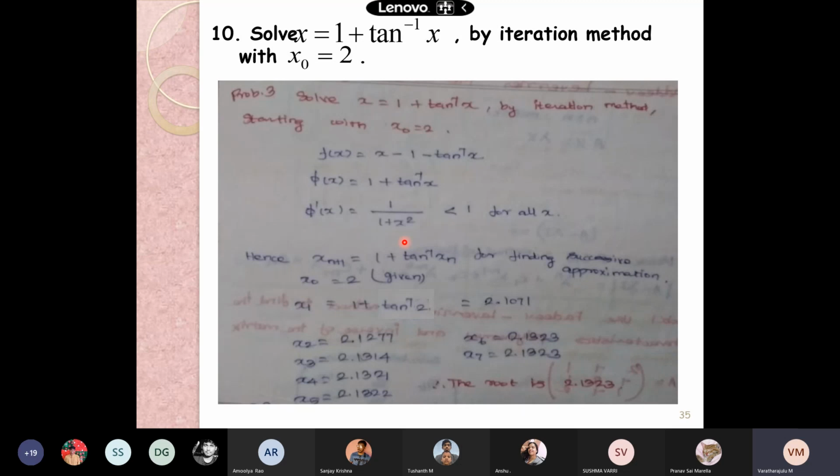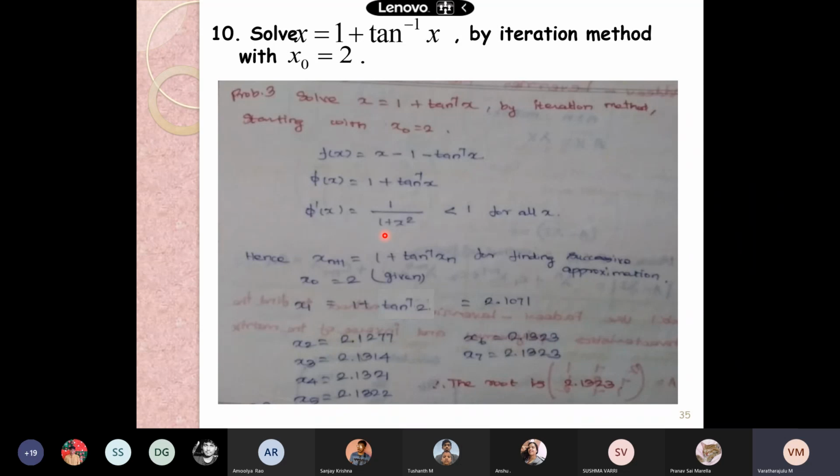Here it is obvious that for all x we have x square in the denominator, so it returns a positive value. So don't worry about this rearrangement. There won't be any need for dealing with phi dash of x here, because phi of x is stated in the problem itself.